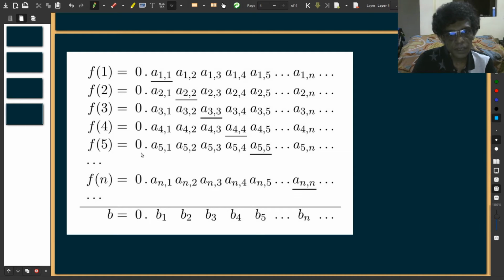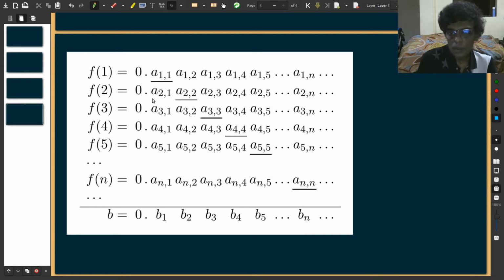Now, given this listing, I can compute a proper fraction b as follows. I will force this to be different from this, to be different from this, and so on. In general, the nth decimal digit of b will be forced to differ from the nth digit of f of n.